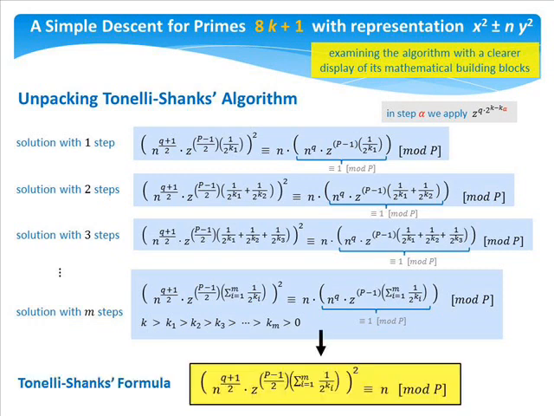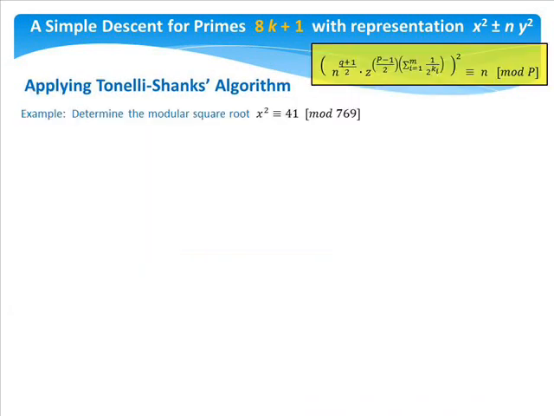We should clarify that this formula doesn't offer a significant advantage over the algorithm, as computing the k sub m values still involves dealing with the previous figures. However, this formula provides a clearer view on how these multiplicative orders 2 raised to k sub m play in the final result. Let's see an example.